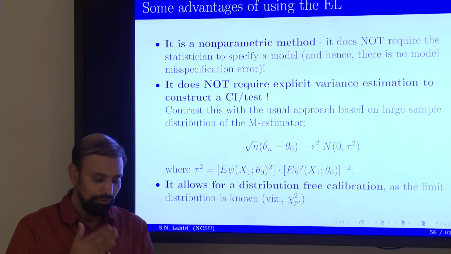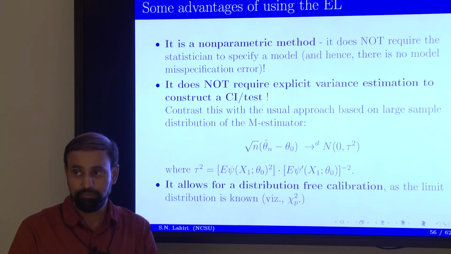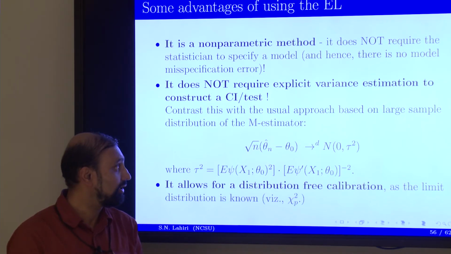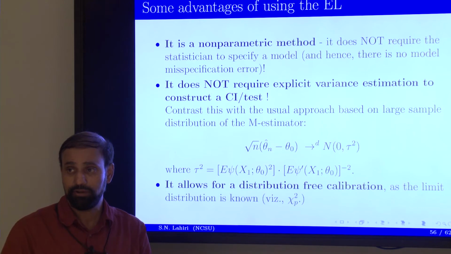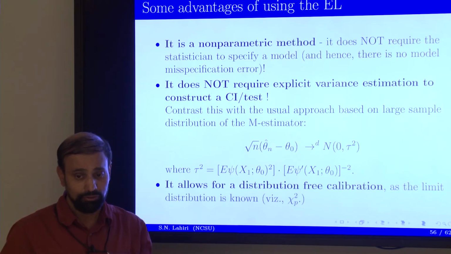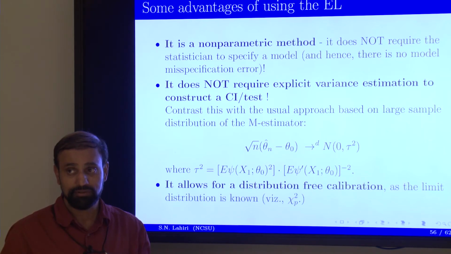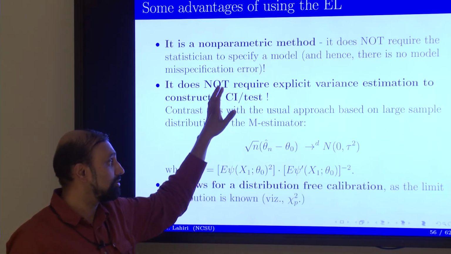If I can evaluate that on a fine enough grid, essentially we will see where it exceeds the corresponding critical values of the limiting chi-square distribution, and that tells us what values of theta will form my confidence interval. So variance estimation is not needed.